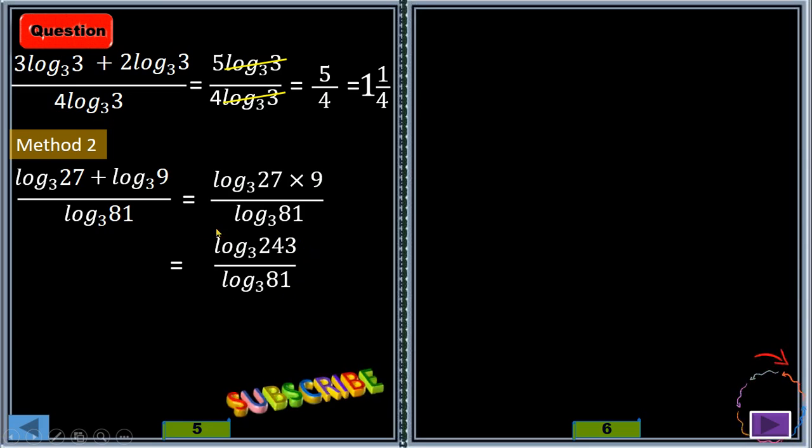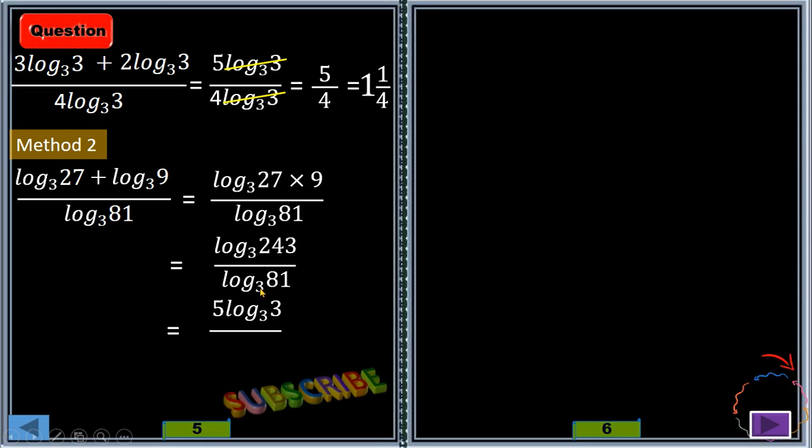This is not the law of division, because this is not a common log. This is log 243 base 3 and this is log 81 base 3. So therefore, we cannot simplify this. The numerator, breaking it down into powers of 3, we are going to have 5 log 3 base 3.